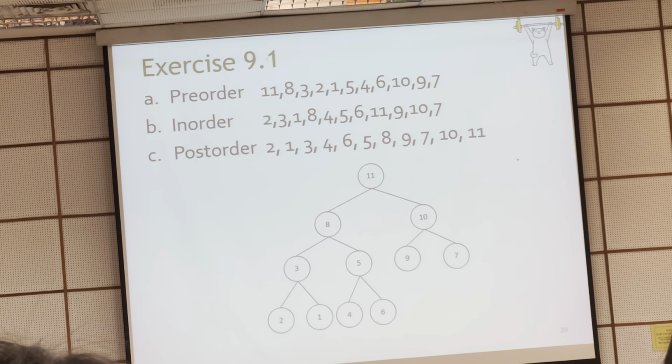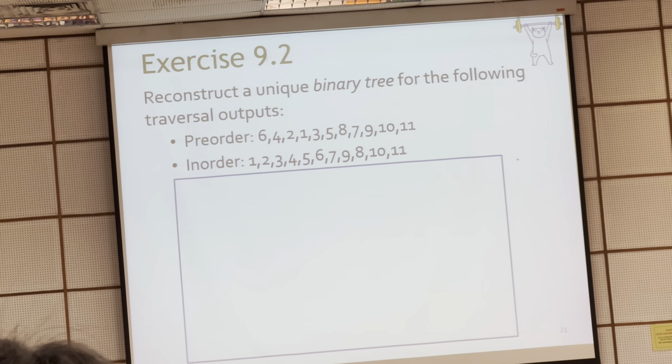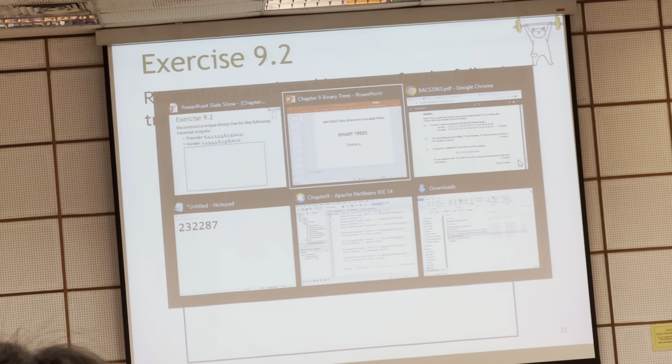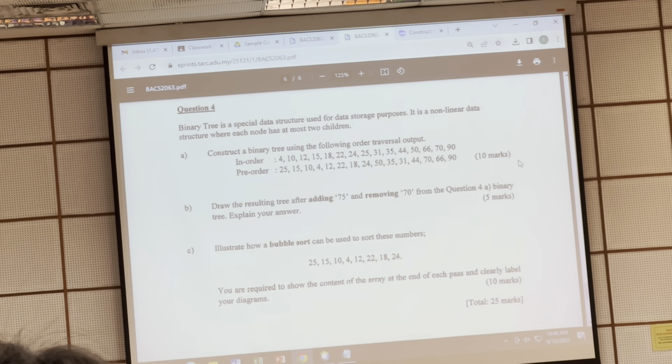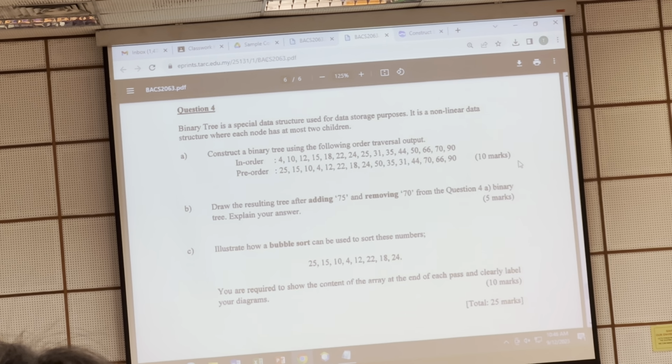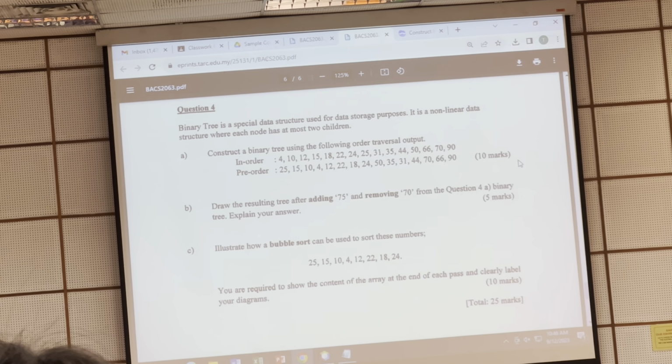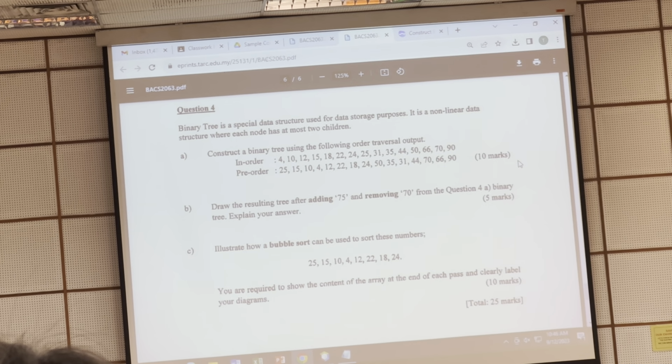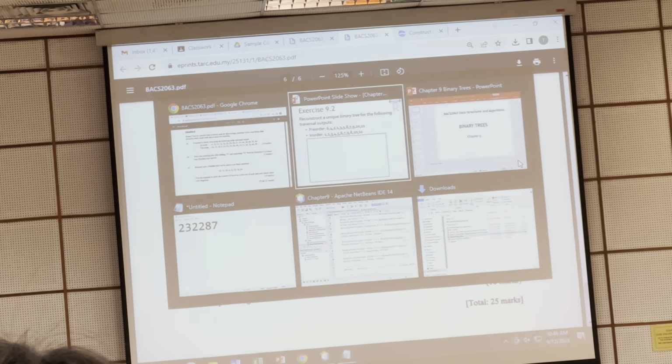Now, the order of traversal is given to you, and you have to construct the tree. This is something that we saw earlier in our questions. If you know how to do this, 10 marks easy.